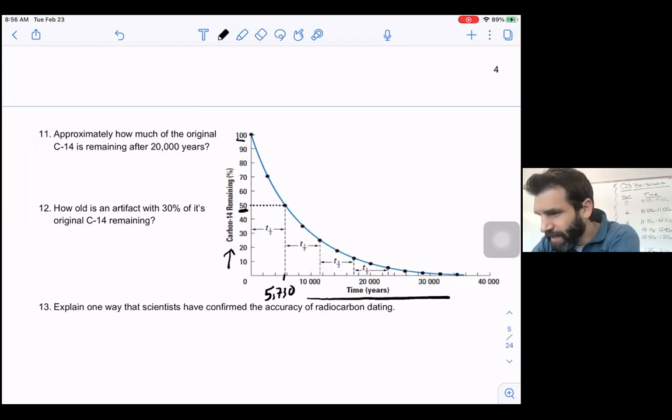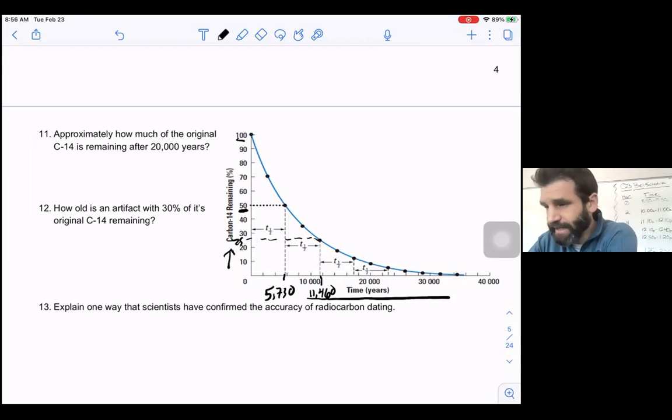And if we go here now to 11,460, there's only 25% of the original remaining. So my question for you is approximately how much of the original carbon-14 is remaining after 20,000 years?